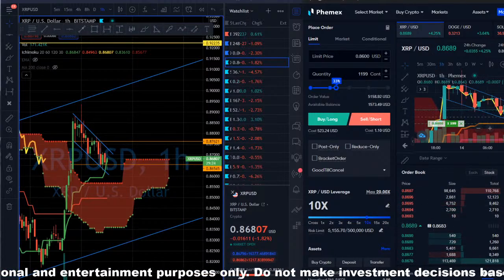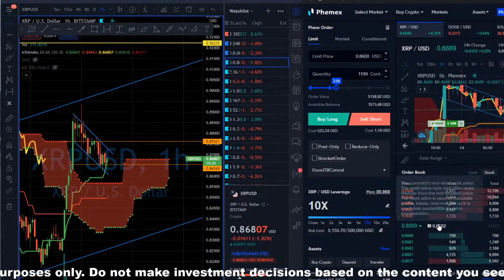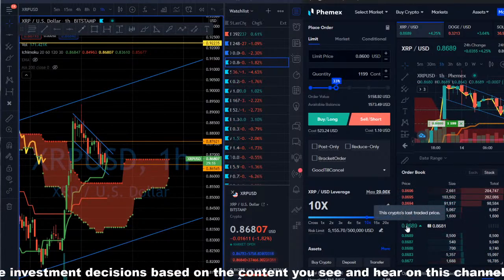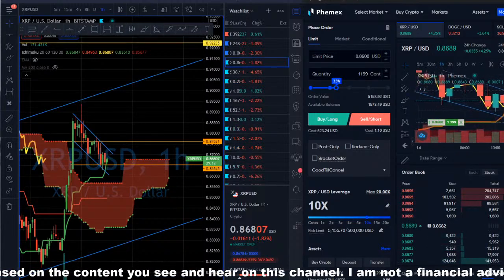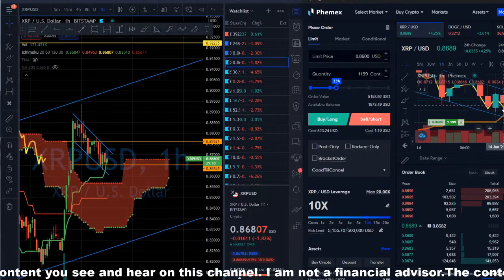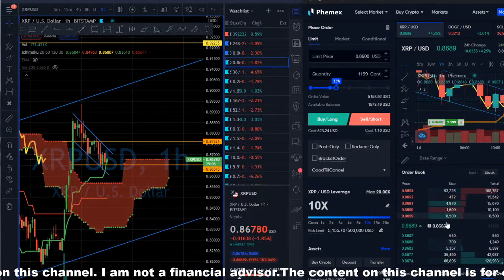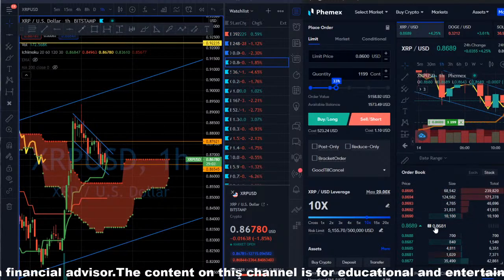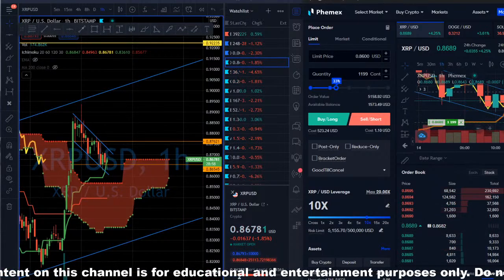You want to pay attention to the mark price, or basically the market price, or the last price, right? The last trading price. Sometimes your market price is lower than the last price. So if you're going long, always go for the lower amount.